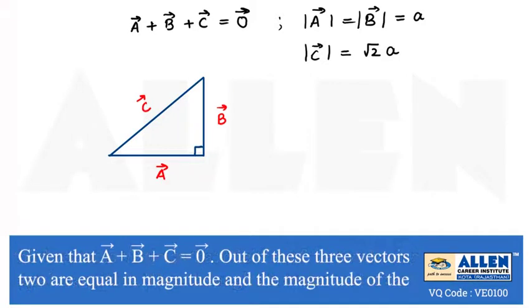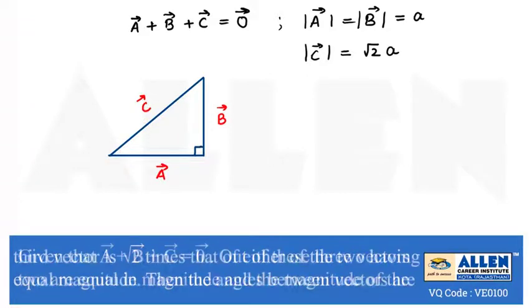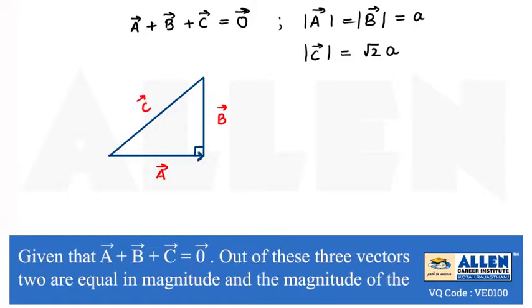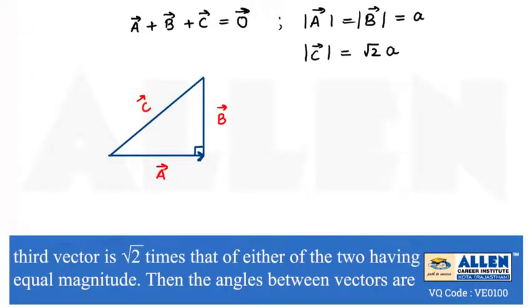Now we will see, according to the condition a vector plus b vector plus c vector equal to 0 vector, what the direction of the vectors will be, or what the directions of the arrows are. Suppose I have considered a vector to have direction in this manner. This represents the direction of a vector. Now in continuation, because we have to add b vector to a vector, if the head of a vector lies at this point, then the tail of b vector should be here.